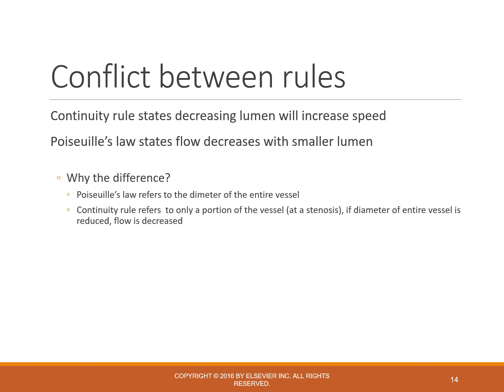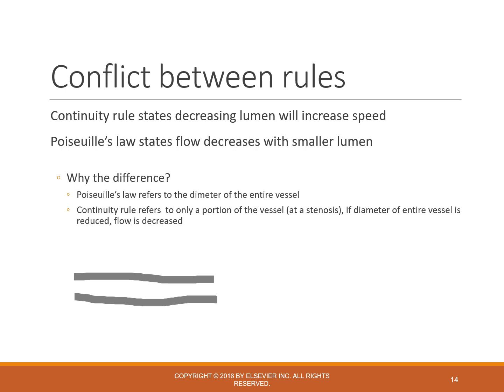Like I just mentioned, when we talked about Poiseuille's versus the law of continuity, when I mentioned Poiseuille's, I said that if we have a decrease in radius, we have a decrease in flow. And remember, the reason for that is that Poiseuille is talking about long straight tubes. So if I had a decrease in radius of my vessel all the way, let's say of my aorta, from the root to the bifurcation, then of course I would have a decrease in flow.